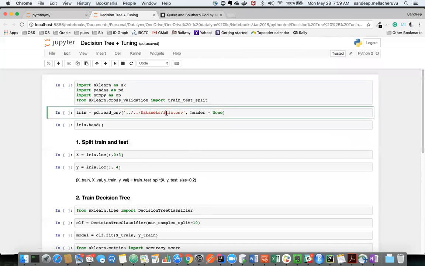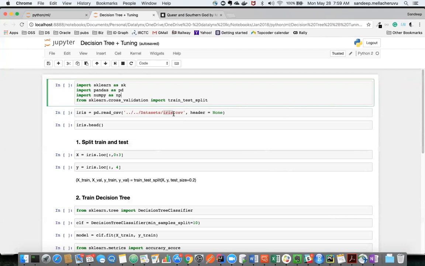The dataset is called Iris dataset. In fact, on Iris dataset, I'm getting a validation error of 0. That's what I'm getting. The decision tree is a very, very powerful technique.